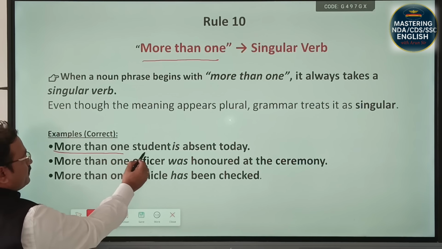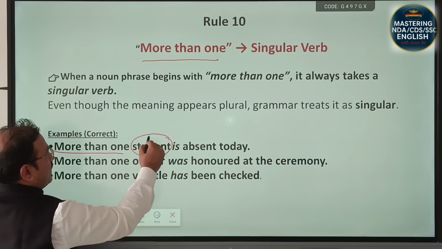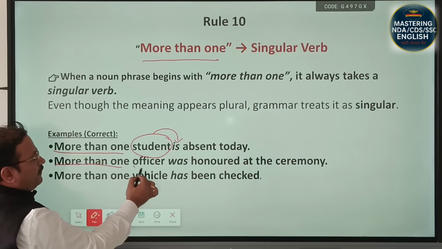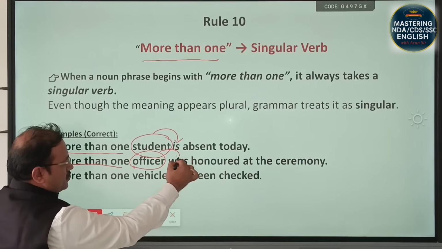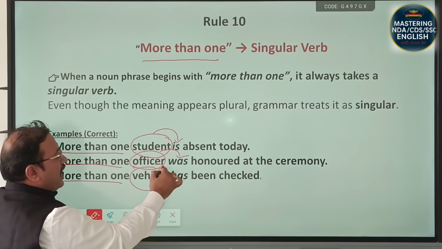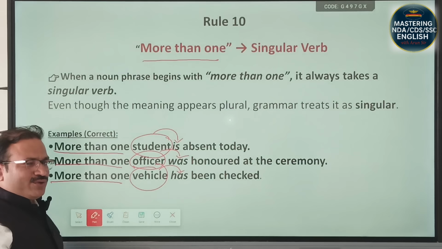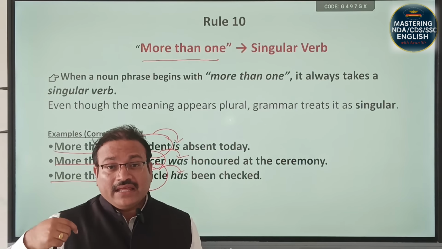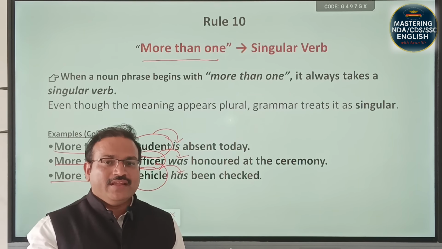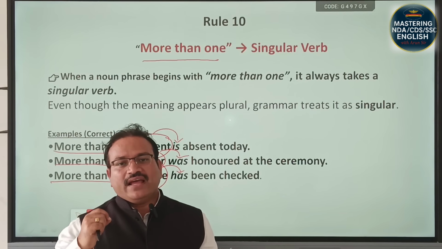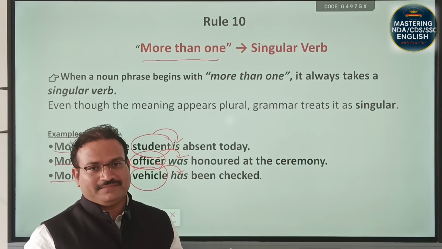More than one student is. More than one officer was. More than one vehicle has. So don't get confused कि more than one means एक से ज़्यादा मतलब ये plural होगा. No. More than one is followed by singular noun and singular verb.